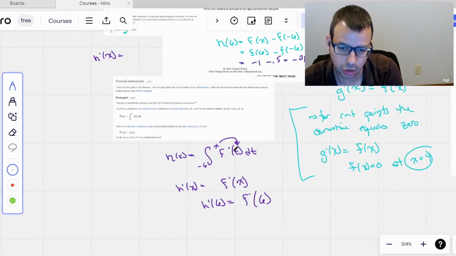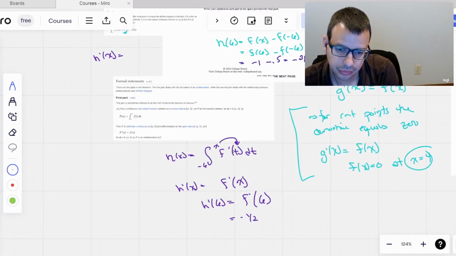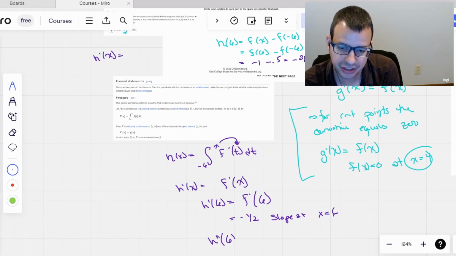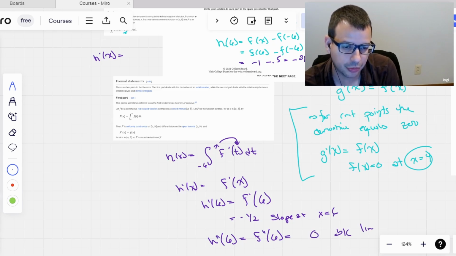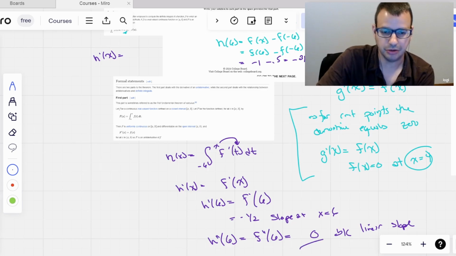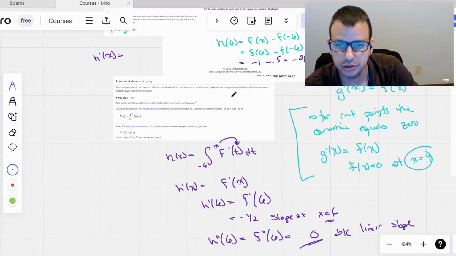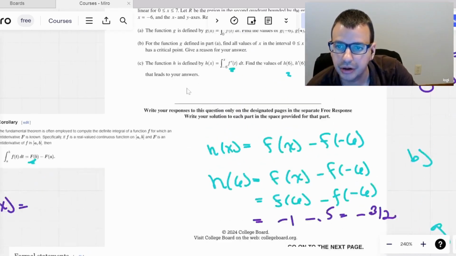That's just the slope at x equals 6. And since that slope is constant, we're just going to use this same concept to find the second derivative. f double prime of 6 equals 0 because linear slope. Whenever you have a linear slope, the second derivative is going to be 0. And so that's how we're going to do the second part there.